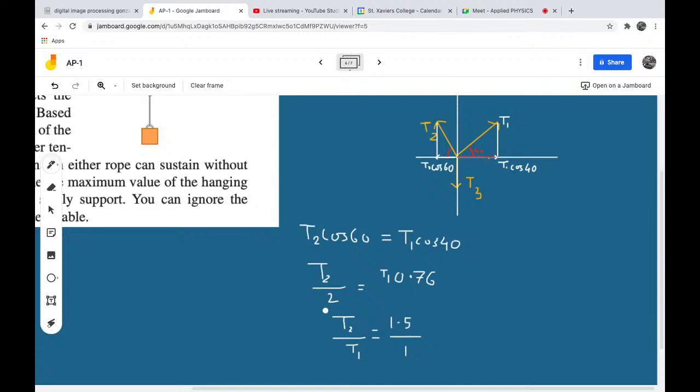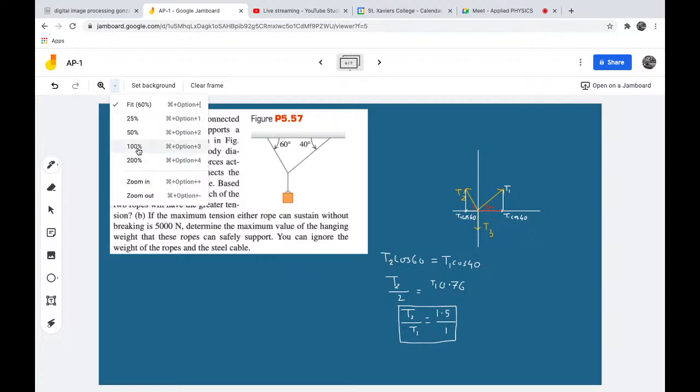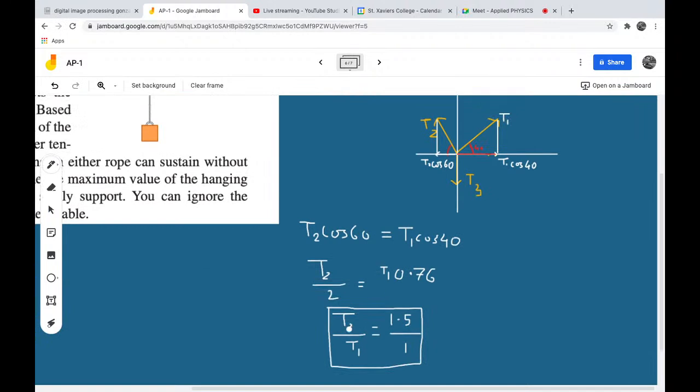So which one is greater? Can you tell me? If you look at it carefully, you will find that T2 is greater than T1. Why does T2 look greater than T1? Because T2 is proportional to 1.5, T1 is proportional to 1. So the answer to the first part is T2 is greater than T1.